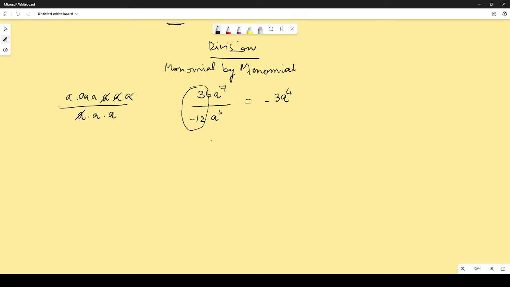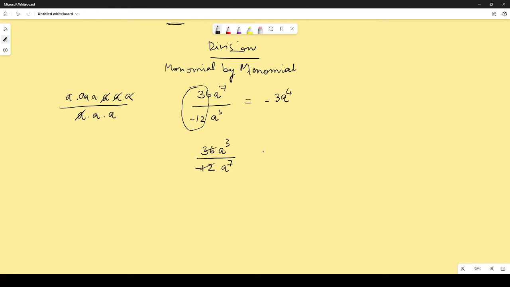Now suppose it was like 36 a to the power 3 divided by minus 12 a to the power 7, then what will the answer be?